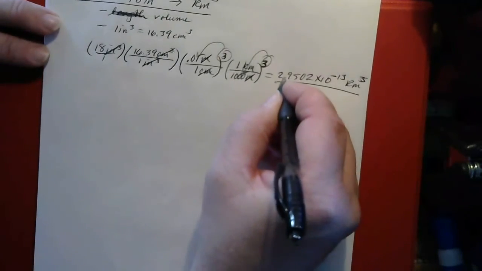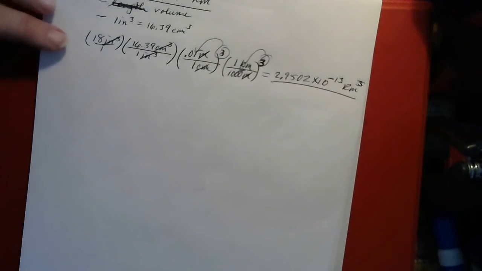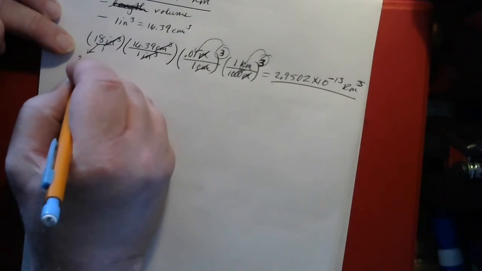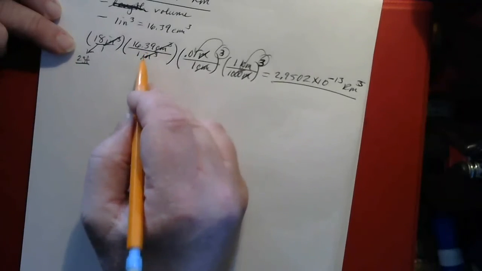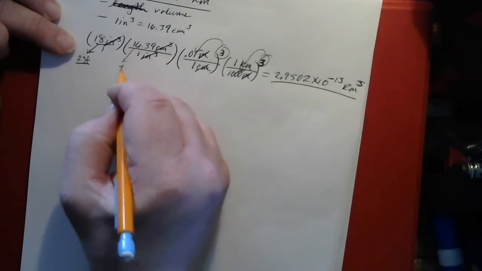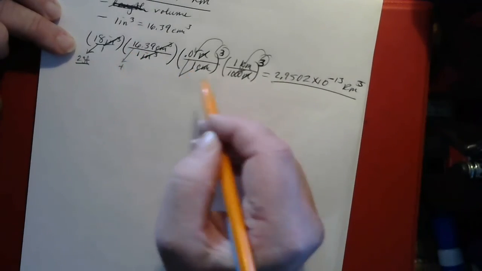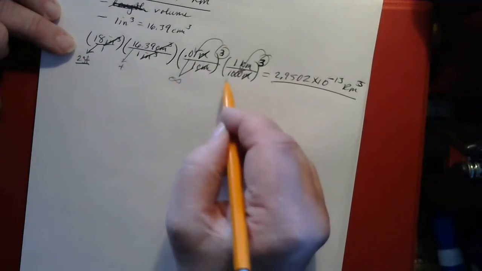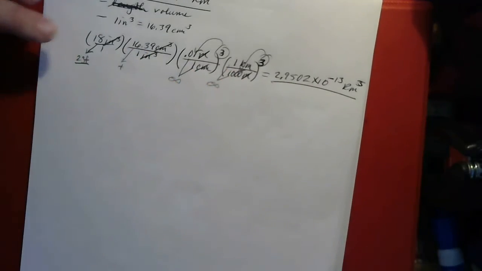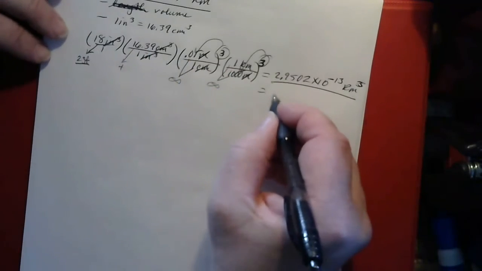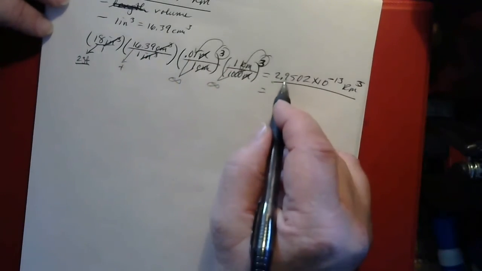And now we have to also think about significant figures. 18 is only 2 significant figures. 16.39 is 4. Metric conversions are infinite, so that one is also infinite. So 2 it is. That means the 2 and the 9 can stay.